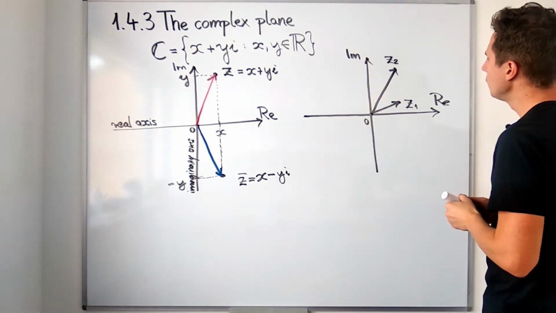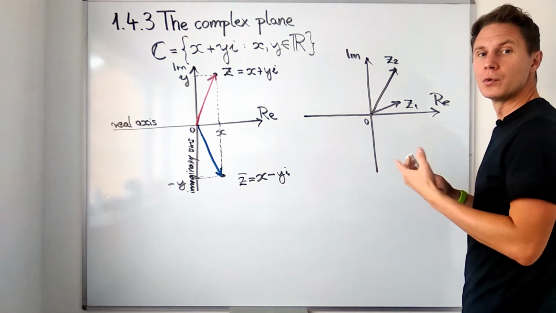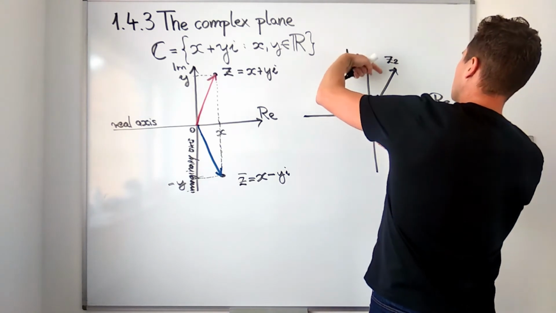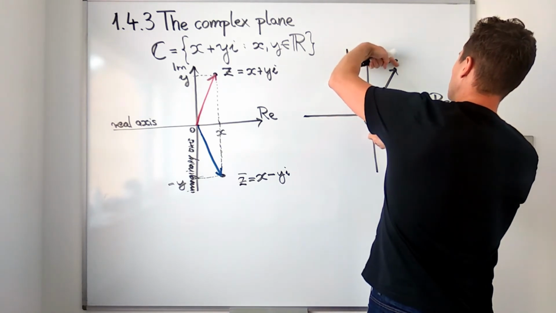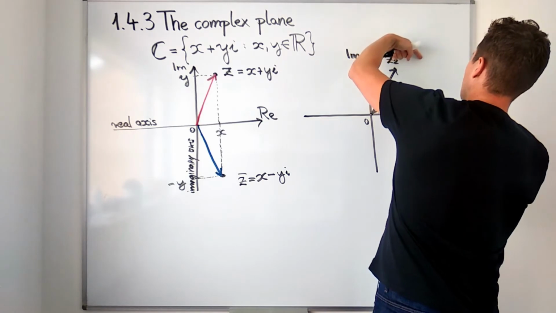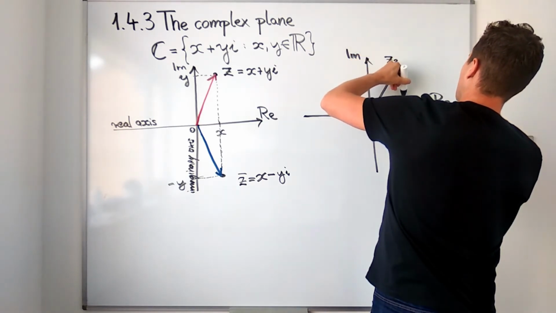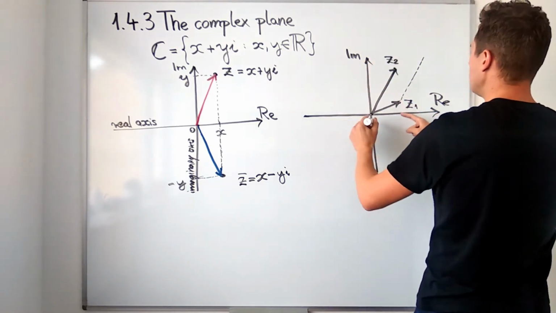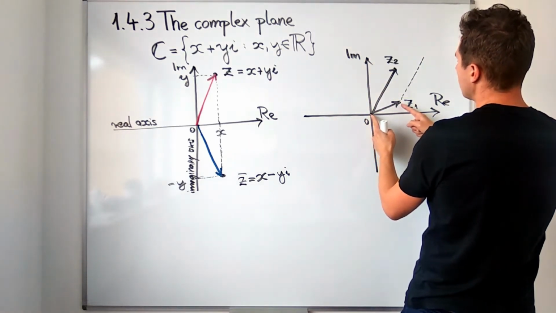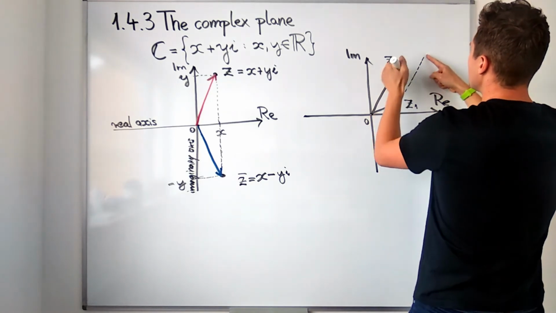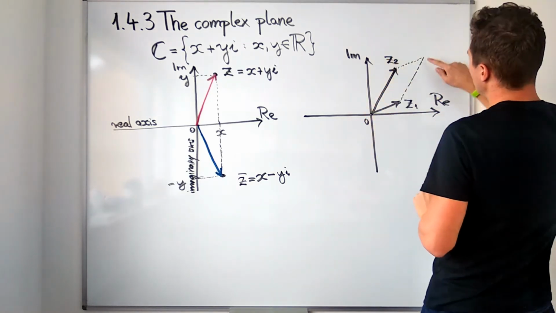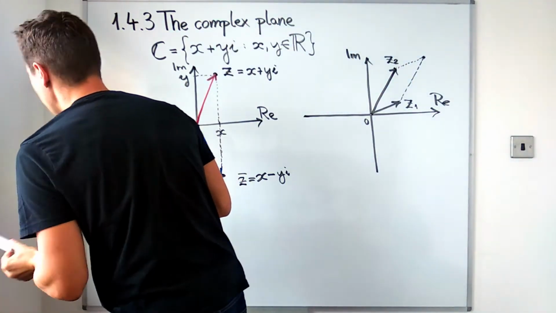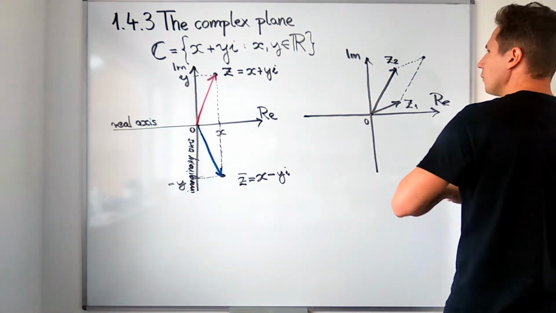And then we'll use the parallelogram rule to add these vectors, and this means that we shift the vector corresponding to z2 to the end point of the vector representing z1, and similarly we do this with the vector representing z1. We shift it along the vector of z2 to obtain this intersection point, and that will represent the sum of z1 and z2.